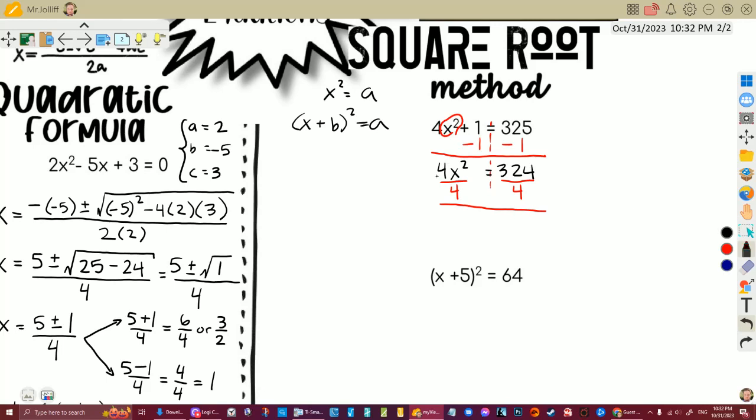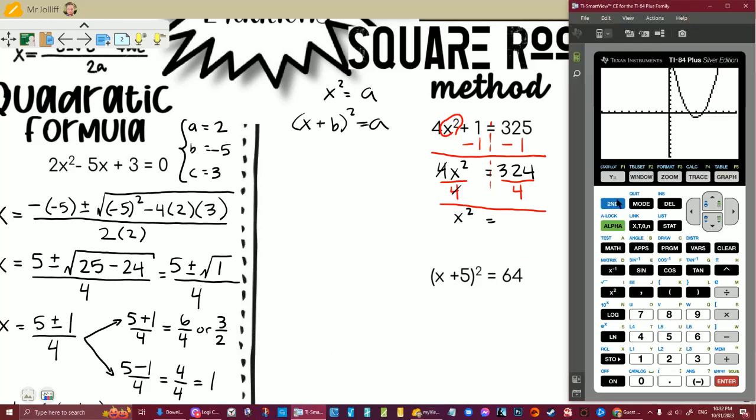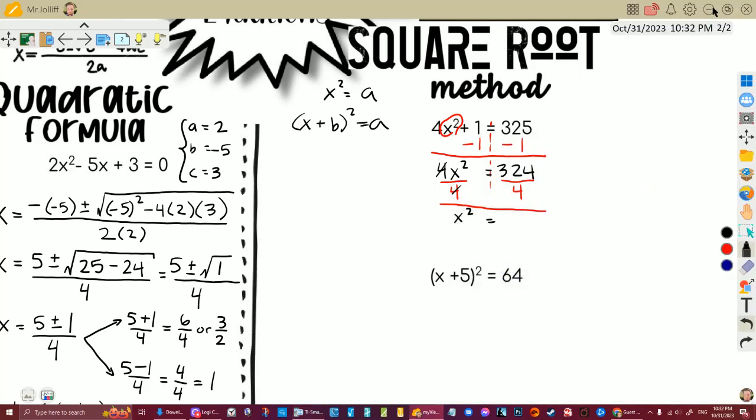And that's going to cancel those 4s and leave us with x squared equals, and then I need to pull up my calculator really quick and check what is 324 divided by 4. 81. So x squared equals 81.